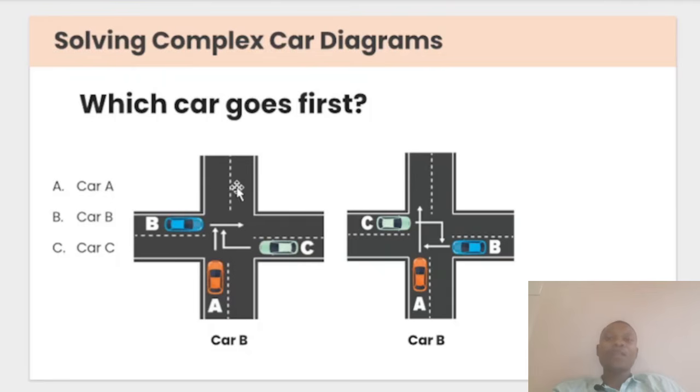So C will move, but it cannot turn right in front of B. So B goes first, followed by C, and the last to go will be A. Okay, so it's in the same order on both car diagrams: B, C, and last A.